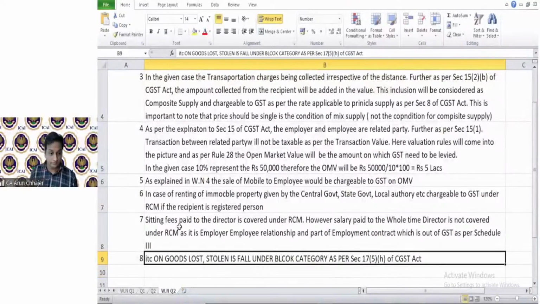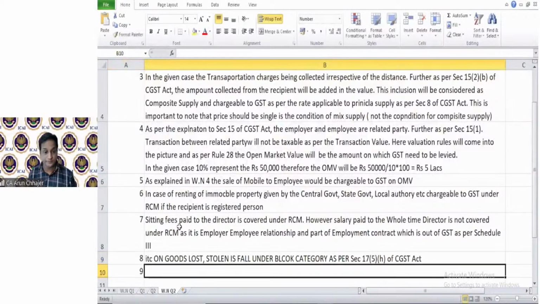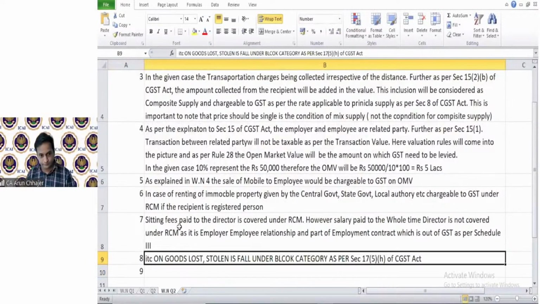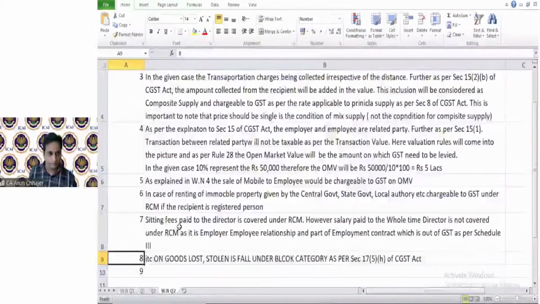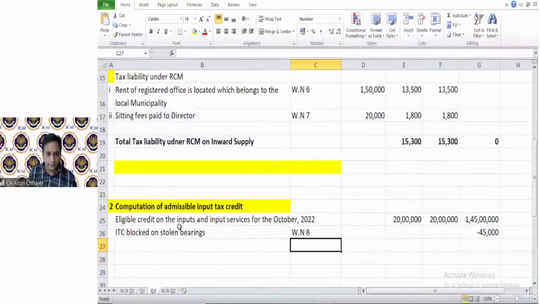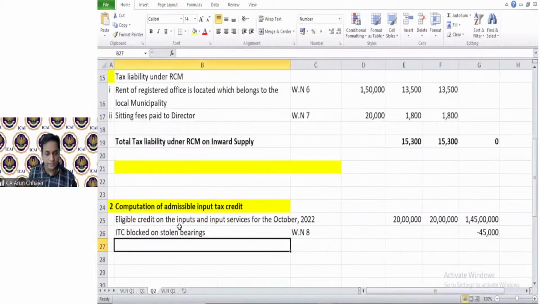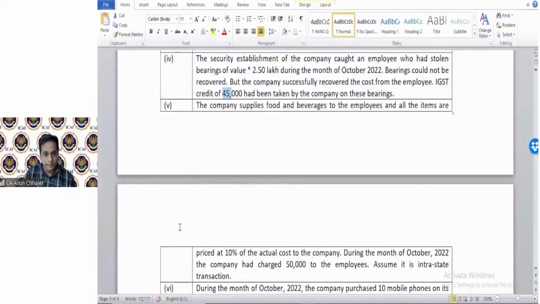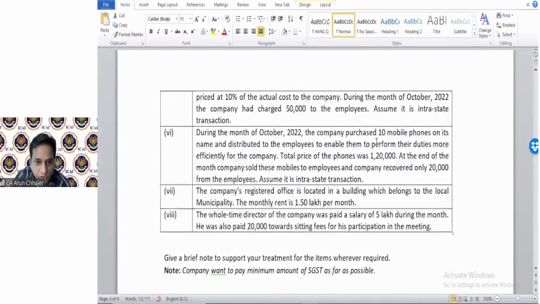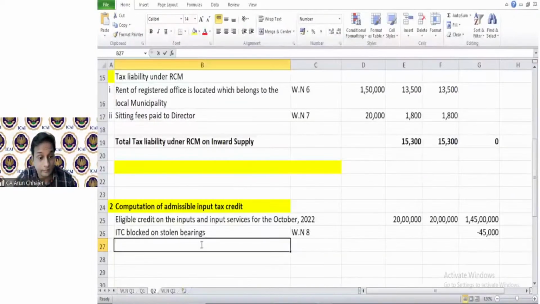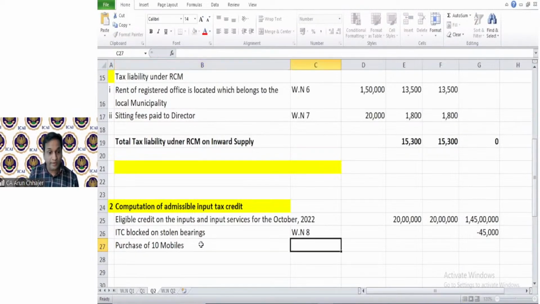Sorry, this will stay a bit in caps, okay. Now the next point is ITC blocked. Next point is company food and beverage is not sure; during the company purchase of 10 mobiles.